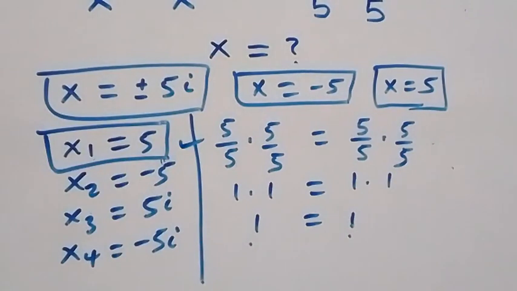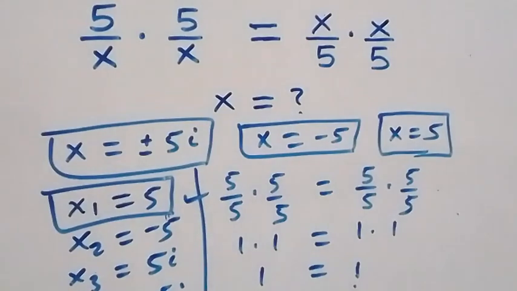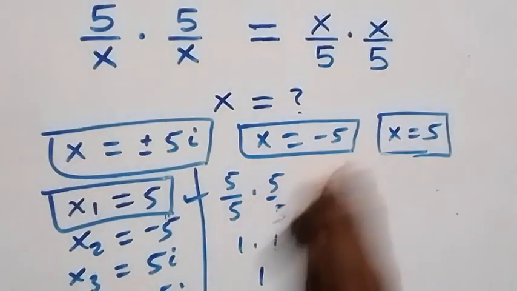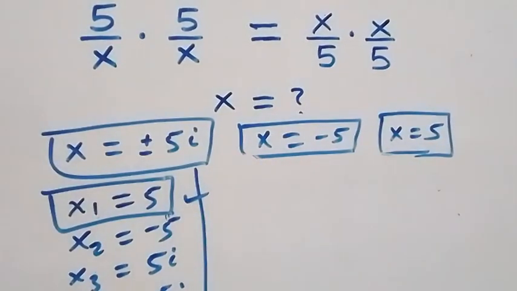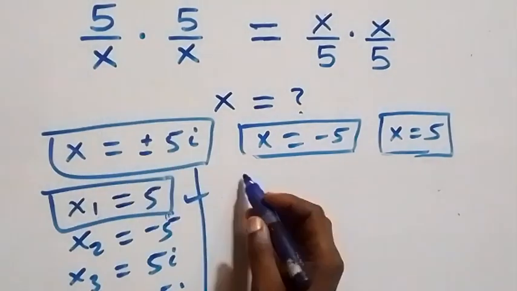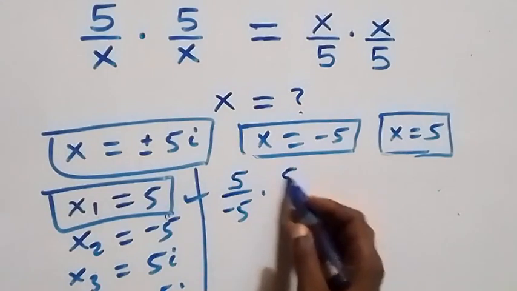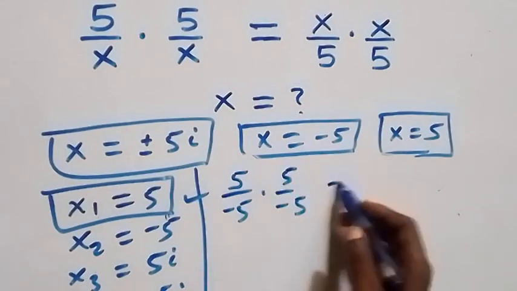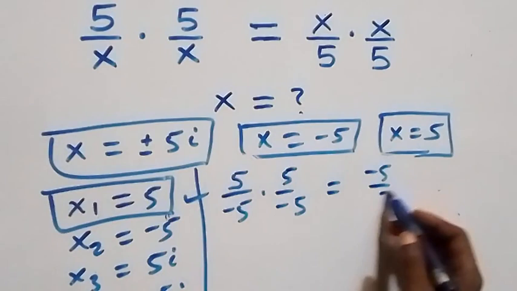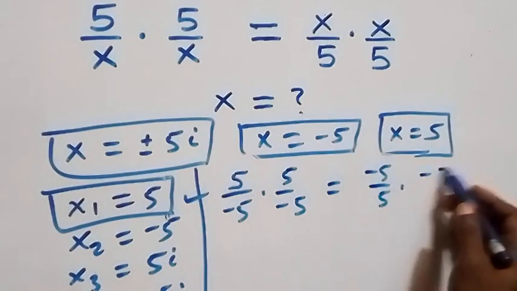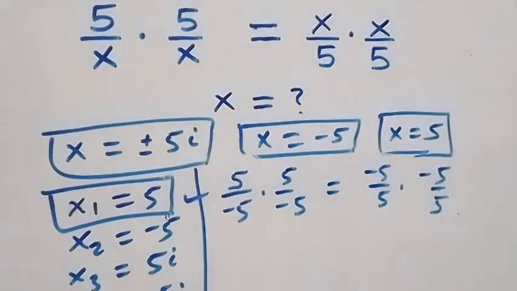Also, we substitute x equals minus 5. That is, the equation here becomes 5 over minus 5 times 5 over minus 5 is equal to minus 5 over 5 times minus 5 over 5.